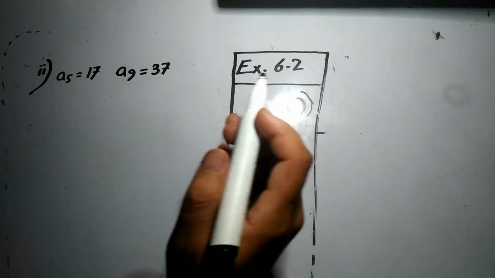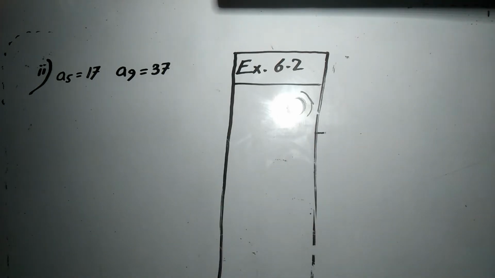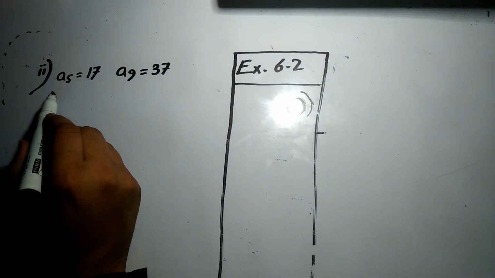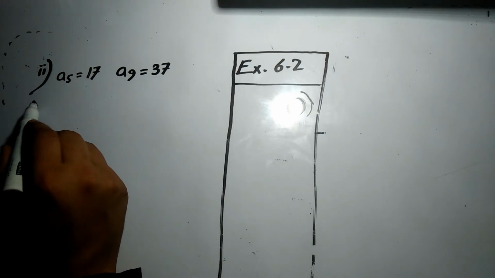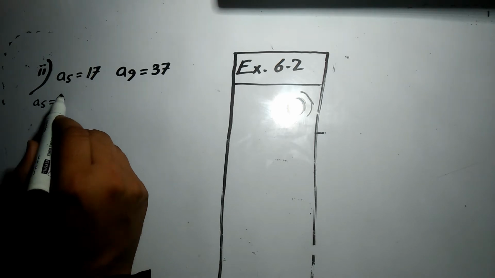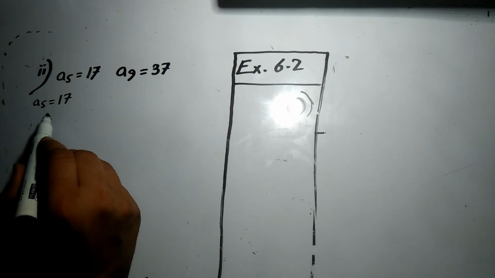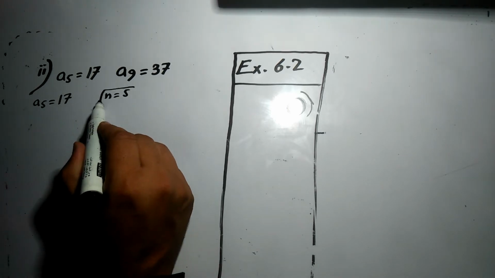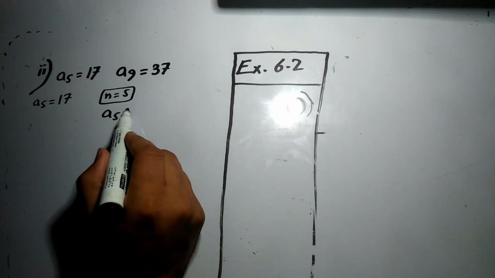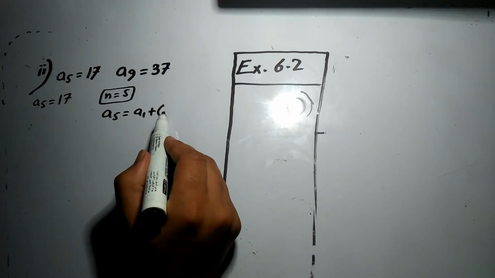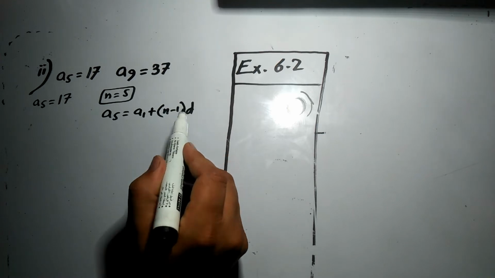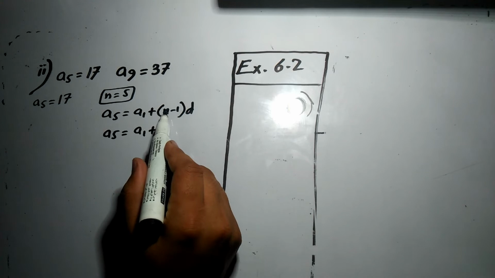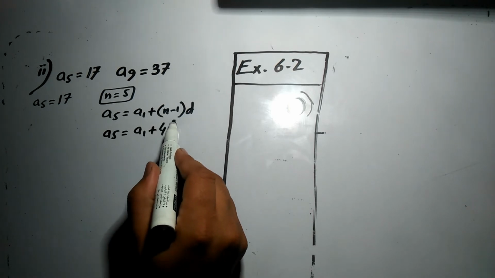Here in the second part, the value of d is not given and the value of a1 is not given. So we know that a5 is equal to 17. So here in a5, n will be equal to 5. So by the general formula, a5 will be equal to a1 plus 5 minus 1, which is 4d.